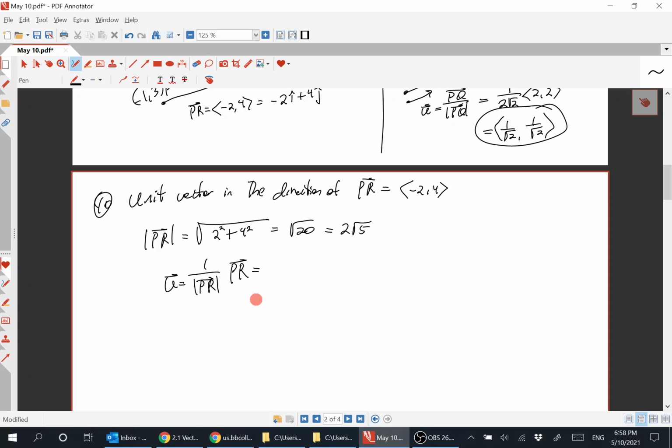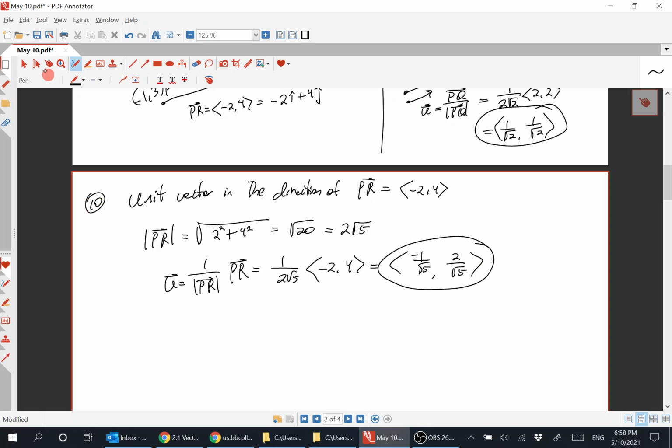So that's 1 over 2 root 5 times (-2, 4), which equals (-1 over square root 5, 2 over square root 5). This is an important concept, the unit vector in the direction of another vector. It gets a lot of play throughout the course.